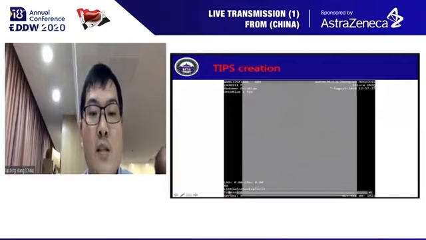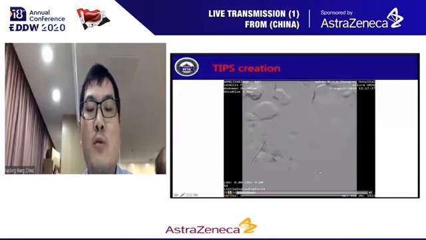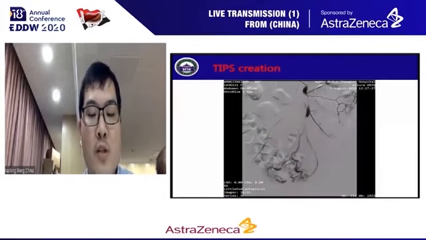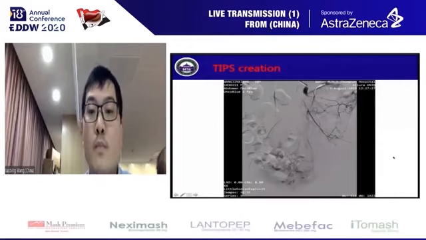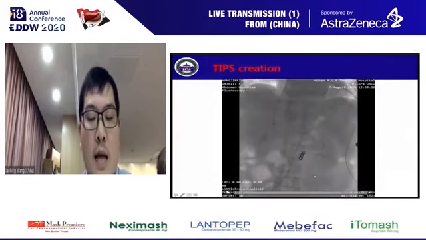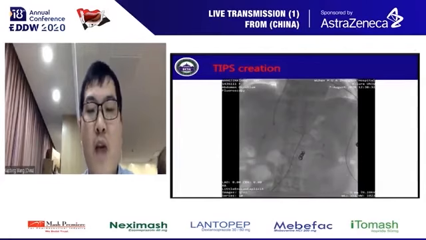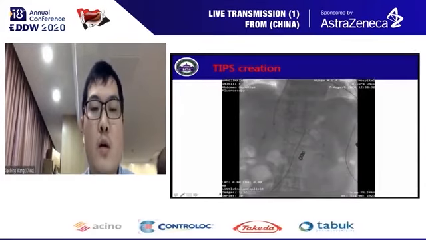The catheter was super-selectively put into the abnormal vein, and a clearer variceal network was shown, this area. Then an embolization of the varicose vessel with coils was performed. After embolization, no flow to the distal end was shown.